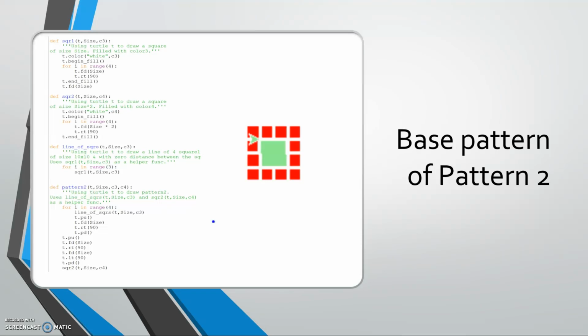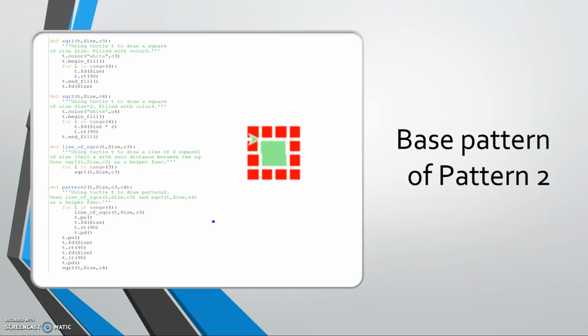And after that I wrote a function which is line of squares. It will use turtle T to draw a line of 4 square ones, and after that I wrote a function called pattern 2, so it's the whole pattern 2, and it used turtle to draw pattern 2, using line of squares as a helper function and square 2 as a helper function.